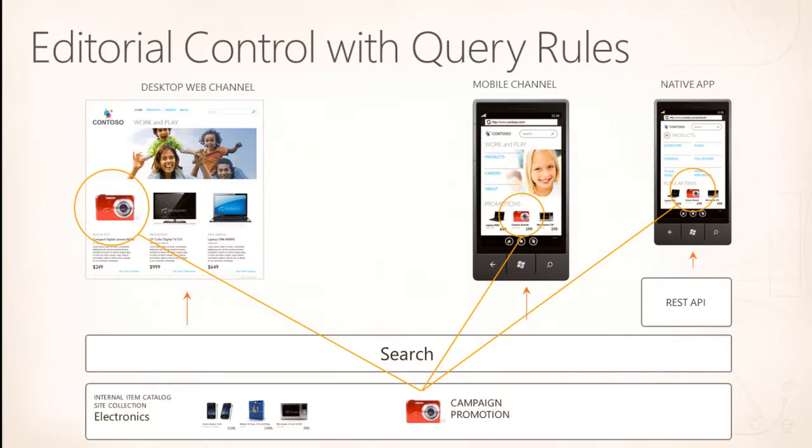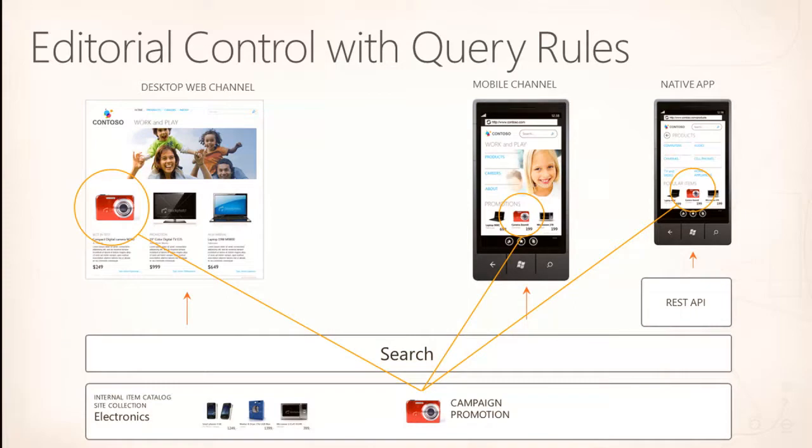In this case, you can see an example maybe of a public-facing site having promotions of products. So by having one single query rule, and since content is delivered through search in SharePoint 2013, we can now basically have editorial control and ensure that whatever campaign we would like to have on our website starts exactly when we want it to and ends exactly when we want it to, without us being there and having to push a button to distribute content.